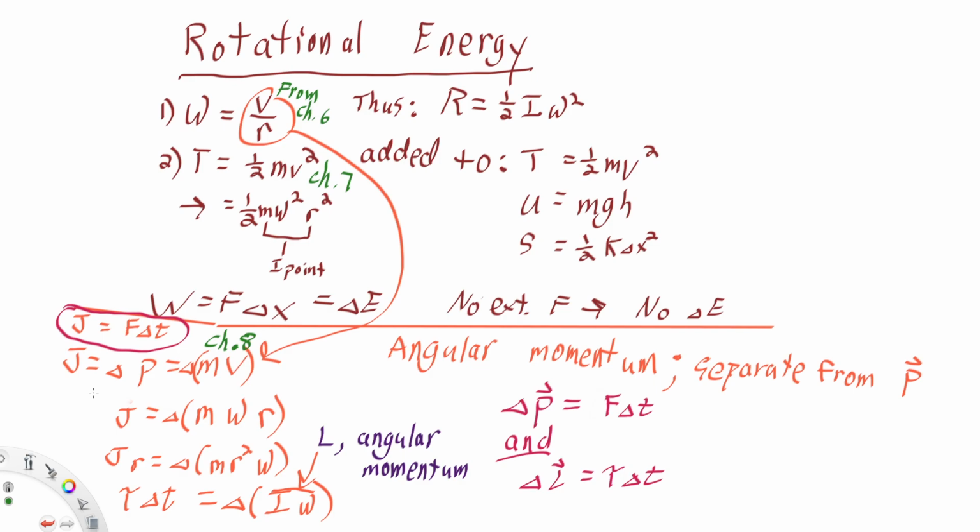This is neither here nor there, but why do we use P for linear momentum? Historical reasons. It's because that's the way Newton wrote it down, like 400 years ago, and we've just been following his example.